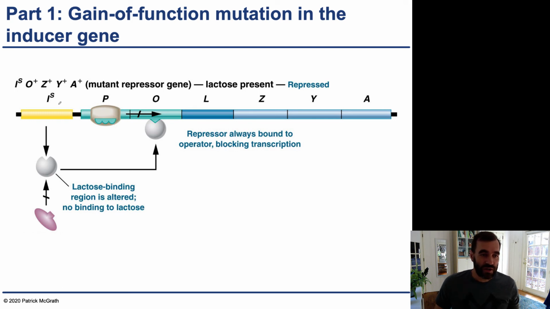You can also induce gain-of-function mutations. So gain-of-function mutations are the opposite of loss-of-function mutations. So the repressor, in this case, instead of being unable to bind to DNA, now it no longer needs the lactose in order to adopt the conformation that allows it to bind DNA.